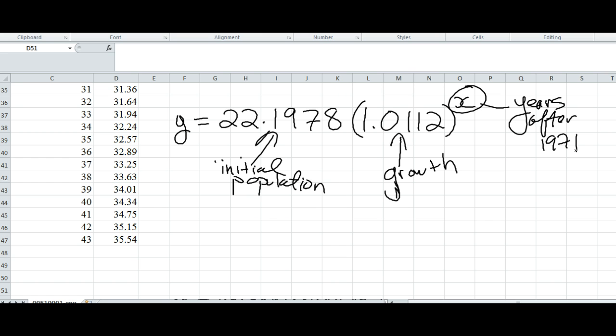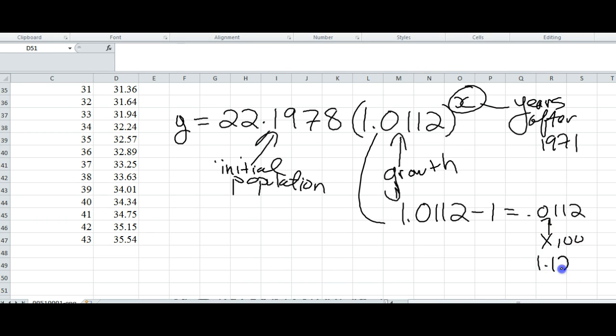Now, if we want the rate of growth, what we do is we take this 1.0112, and we subtract 1 from it. So we know it's bigger than 1, it's growth. You subtract 1, you get 0.0112. That's growth as a decimal. Now usually we express it as a percent, so you multiply by 100 and you get 1.12%.